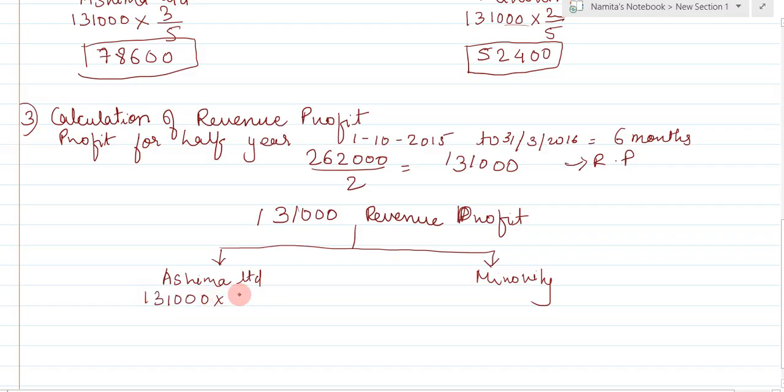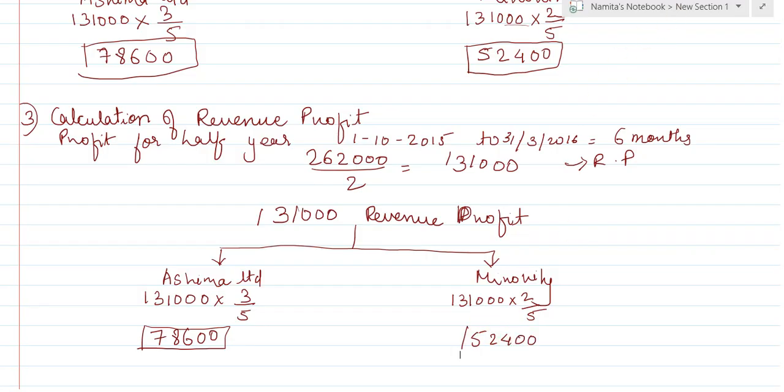1,31,000 multiplied by the ratio, Anshima Limited is 3/5 and minority is 2/5. So the share of Anshima Limited in revenue profit will be the same, 78,600, and 52,400 is the share of minority.